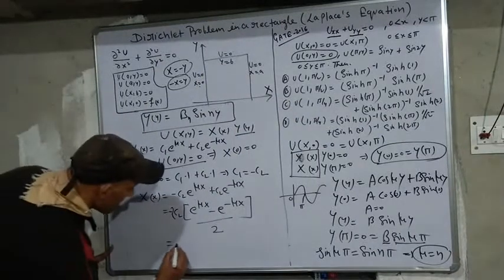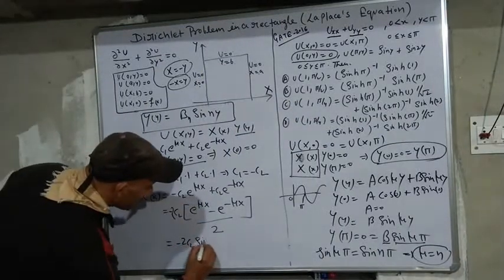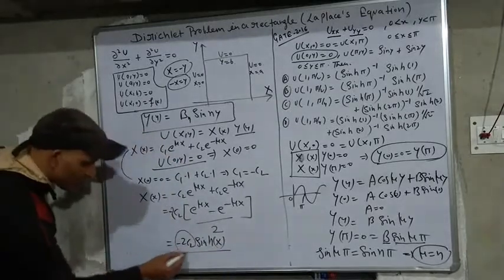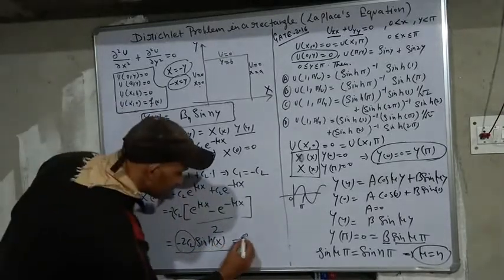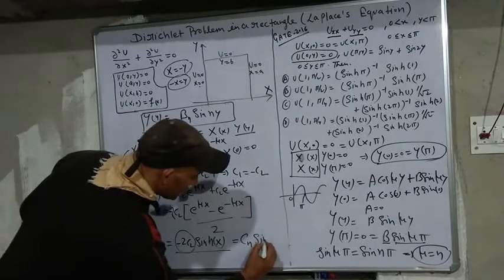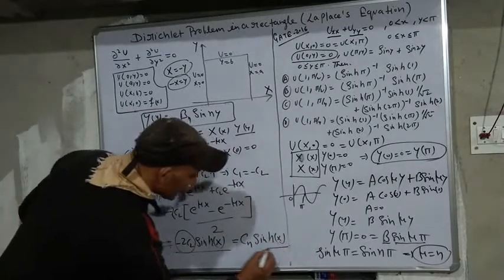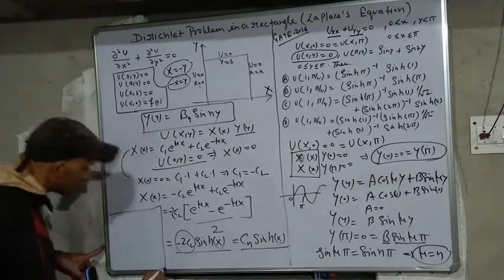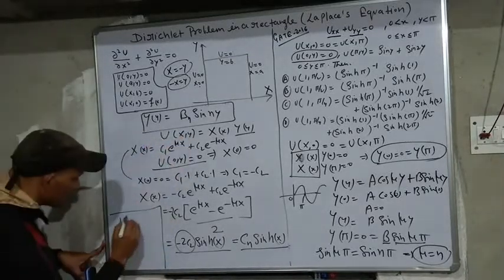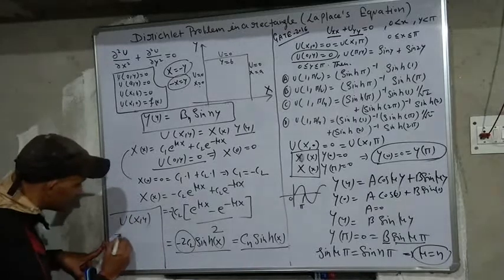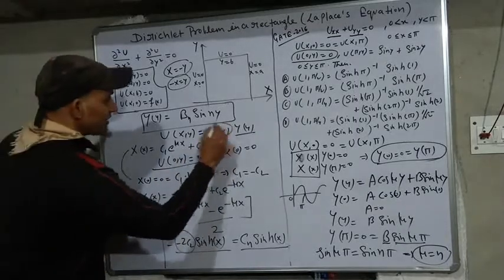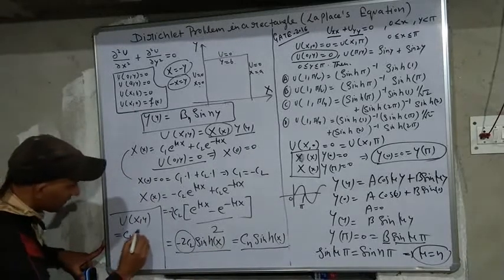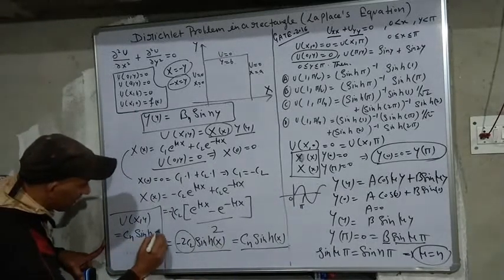So this is minus 2c2 sinh(x). This is your solution, and both are constants. You can write this as cn sinh(x). So what is your solution? Your solution is u(x,y) is equal to X(x)Y(y). What is X(x)? X(x) is this, cn sinh(x).